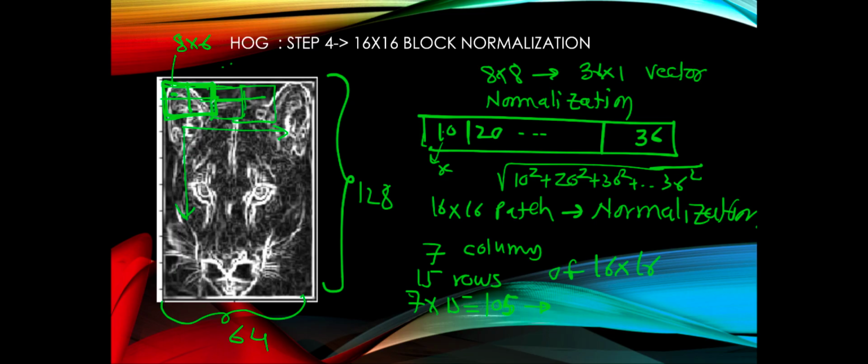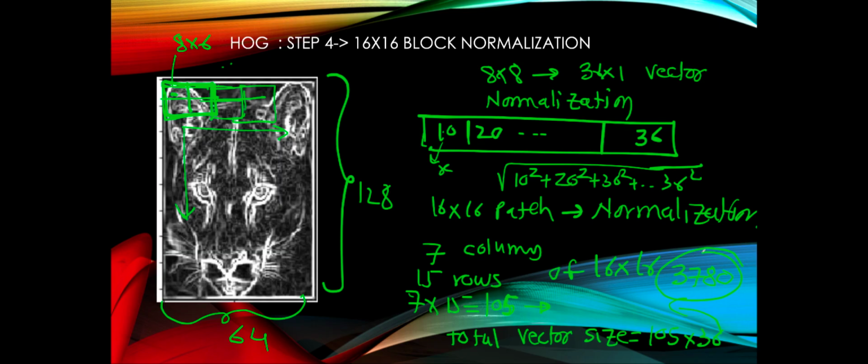So for each patch, a vector of size 36 is created, then the total number of elements in the vector is 105 into 36, right? So that will become 3780, right? So this is the dimension of the final vector.